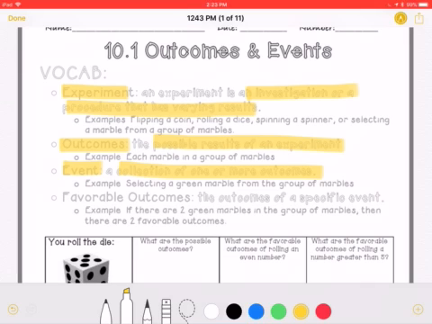Thinking about that specific event. And then favorable outcomes are the outcomes of that specific event that we're focusing on. So example, if there are 2 green marbles in the group of marbles, then there are 2 favorable outcomes of pulling green marbles. That's basically the possibilities of it happening.